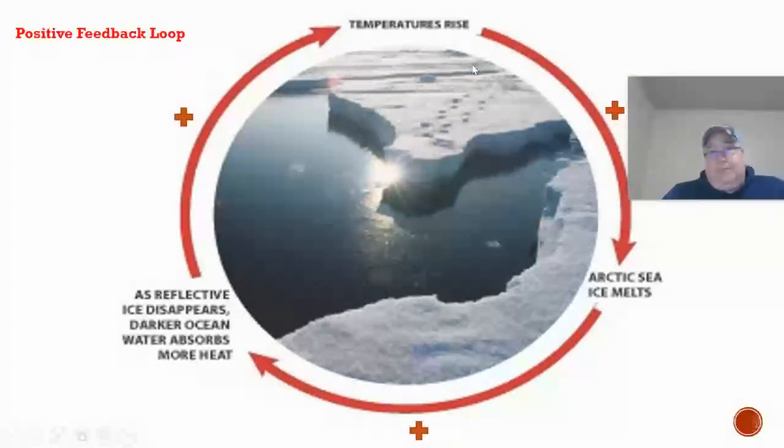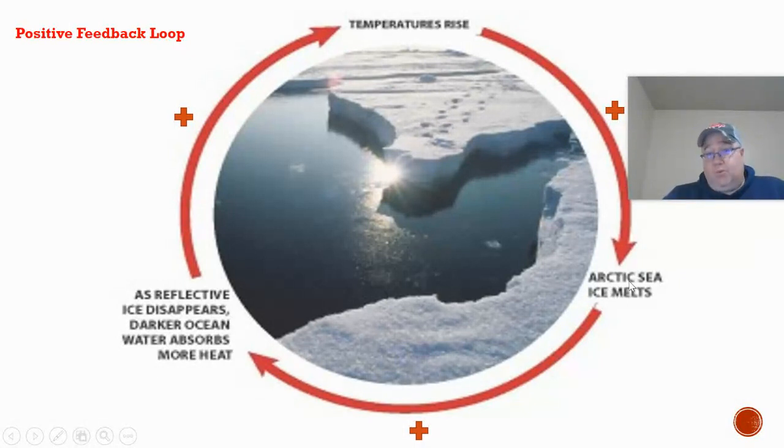Well, think about this one. Not only is the atmospheric temperature increasing, global warming, but that temperature rise is causing the ice to melt, right? So it positively impacts ice melt. So higher temperature, more ice melt, right?